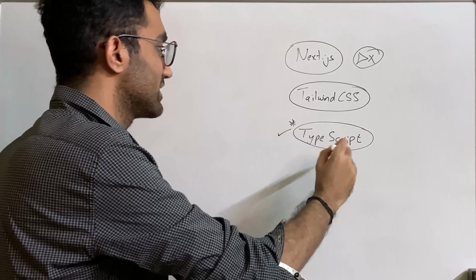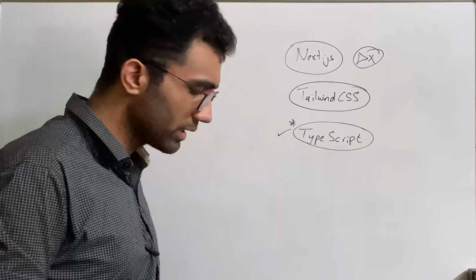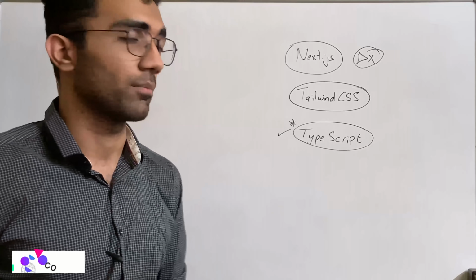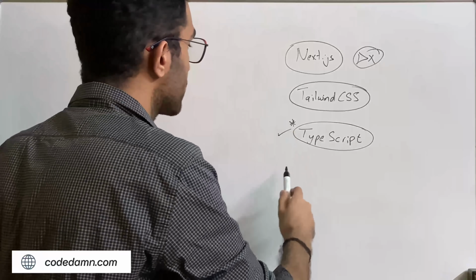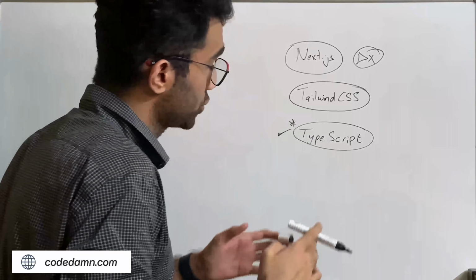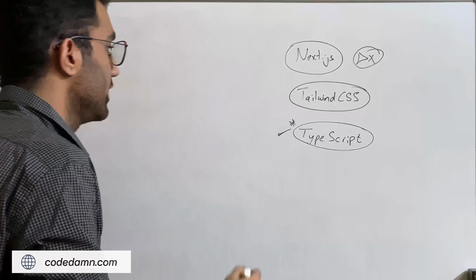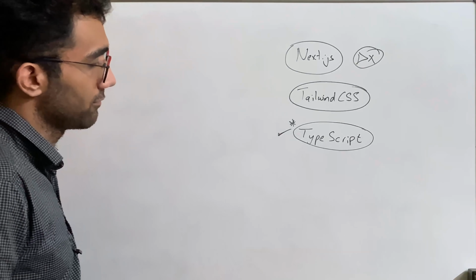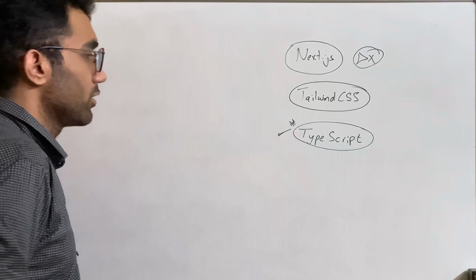But this discipline is super important when you're working with medium or big size projects. Therefore, trust me, TypeScript should be on your agenda for learning. If not today, then definitely in a few weeks, in a few months, but keep it on your to-do list.